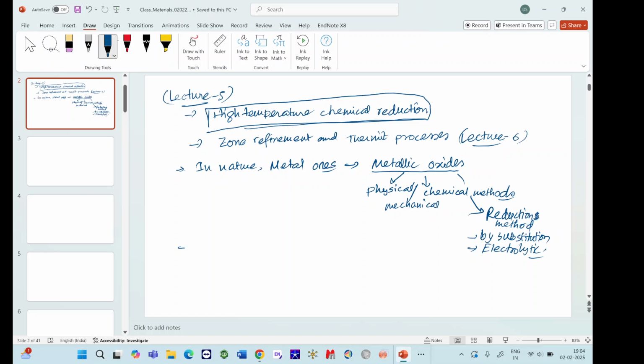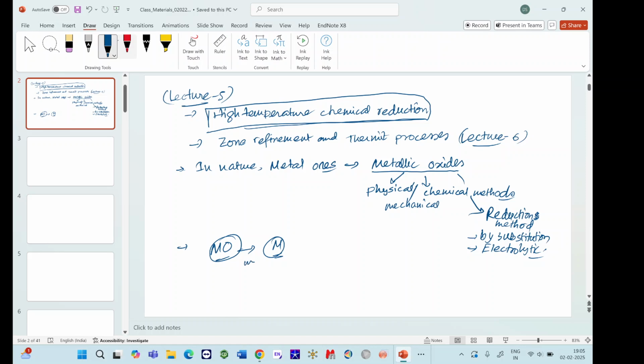Apart from that, you can also use high temperature. What is the main thing? If you heat any of the metal oxides, ultimately it will decompose and you can get the pure metallic form.